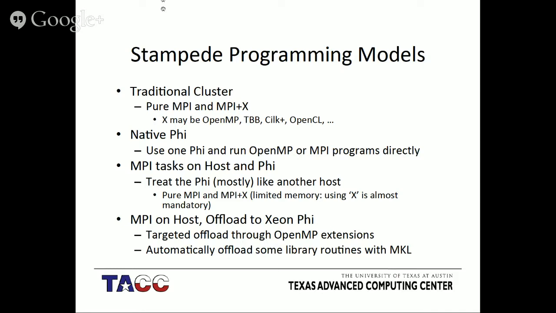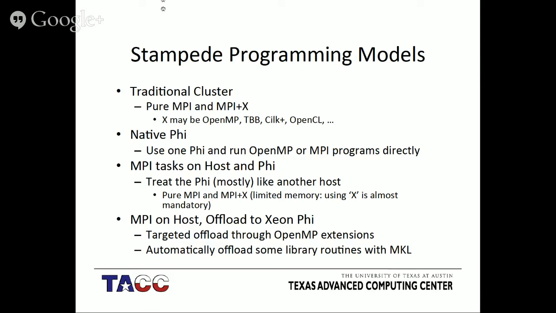Yeah, so offloading: you have OpenMP regions, you offload those to the Xeon Phi, or if you use a lot of MKL routines, then you can do something that is called automatic offloading. So MKL is the math library from Intel, and this math library is aware of the Xeon Phi hardware.